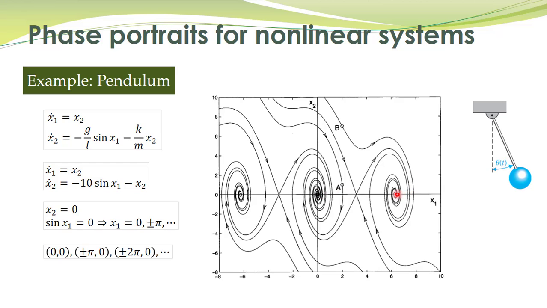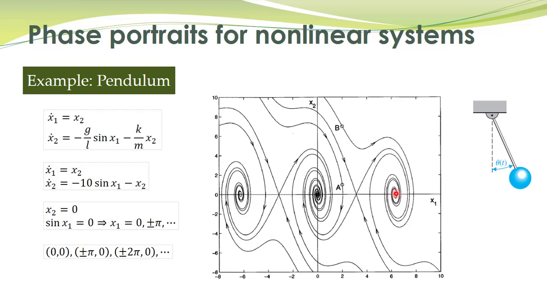This equilibrium point is physically the same as this one. Theoretically, it is something different. What is the difference between the two? For example, if you have this initial condition, this one over here, it means very high velocity and position equal to 0. That is, the angular position was 0, but it was moving with very high velocity. So what will be the situation? It will again converge to this equilibrium point after oscillations.